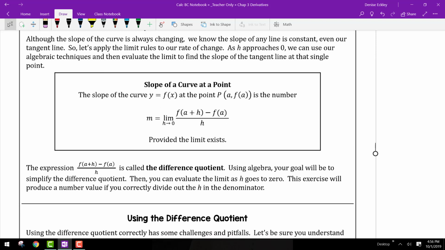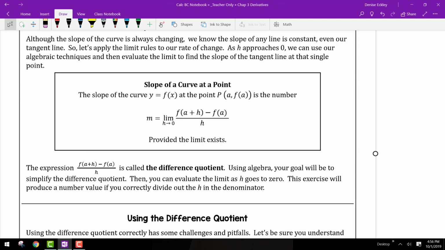So although the slope of a curve is always changing, we know the slope of any line is constant. Even our tangent line, it's a line, so it has a constant rate of change. So we're going to use our limit rules on our rate of change. So as H approaches 0, we can use algebraic techniques and then evaluate the limit to find the slope.